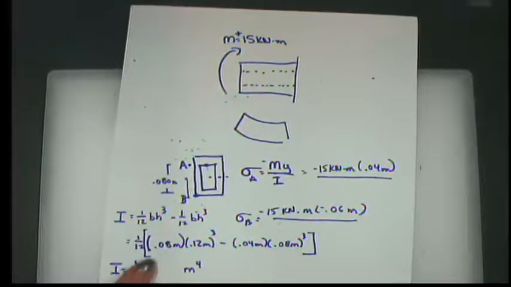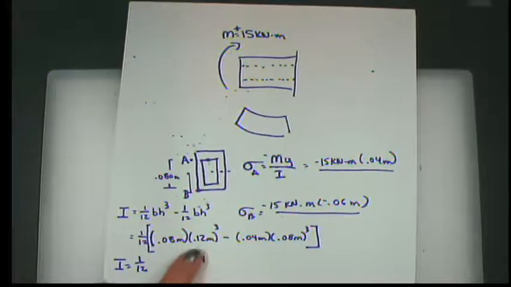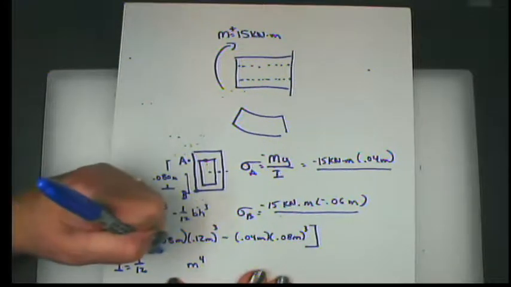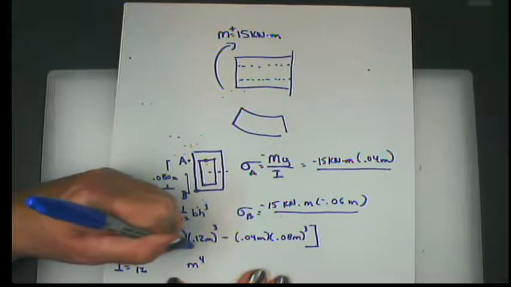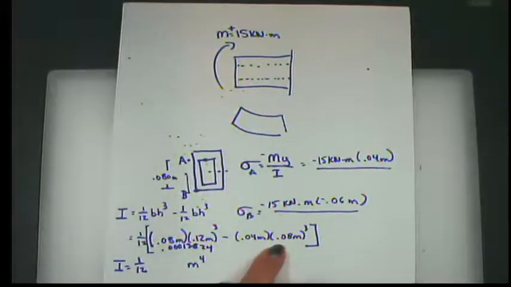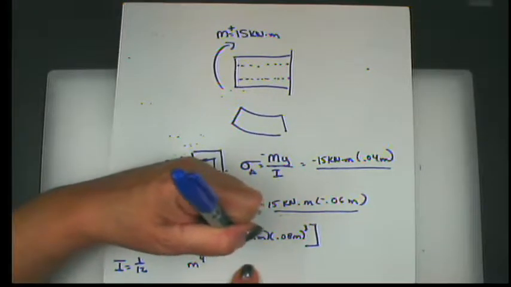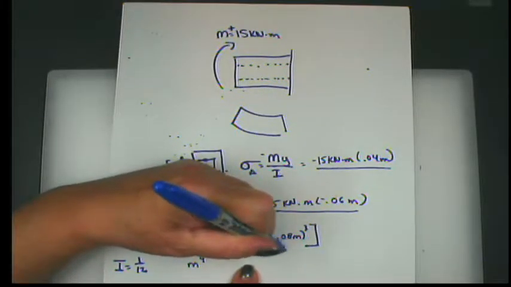All right, so doing the math here, let's start with this. If we take 0.12 and multiply it by itself 3 times, and multiply that by 0.08, this first quantity turns out to be 0.0001384, and this quantity, 0.08 times 0.04, turns out to be 0.00002048.